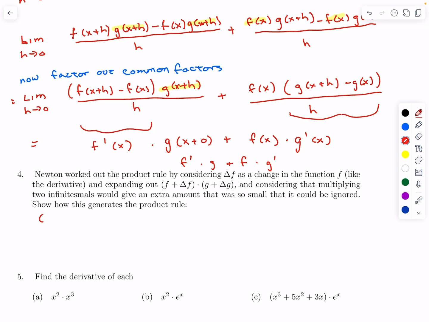Newton decided that he was going to think of the derivative as an infinitesimal change in a function. So he thought of taking f and adding a small amount. Okay, so the change was the derivative that he was thinking about.